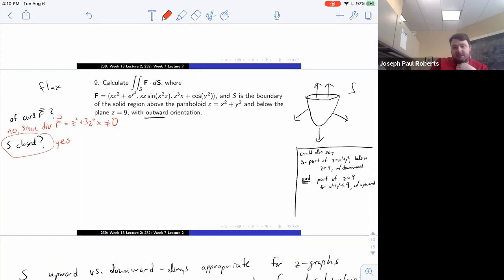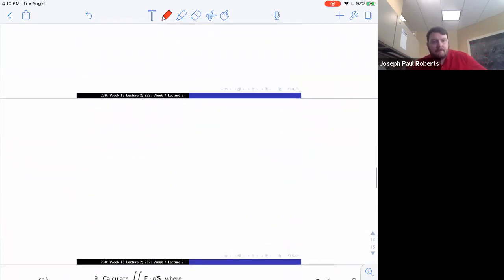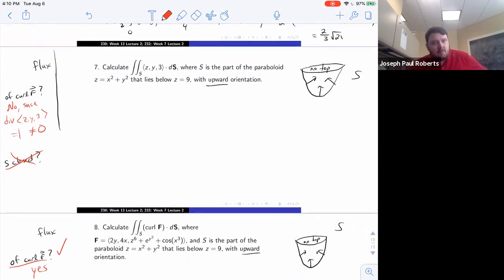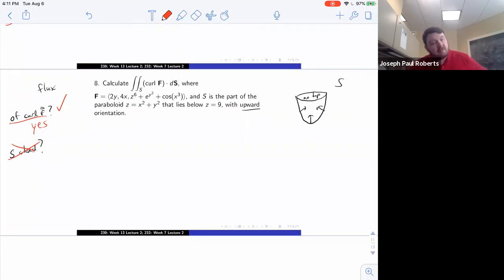So this is not the flux of curl F. It's just the flux of some random vector field that's not the curl of anything. So that's how you would actually test, by taking the divergence. But what we'll typically do is tell you it is the curl of something by writing it as curl F. So this is a big hint that you're going to want to learn to watch out for.